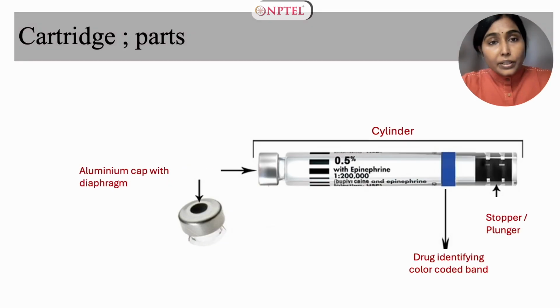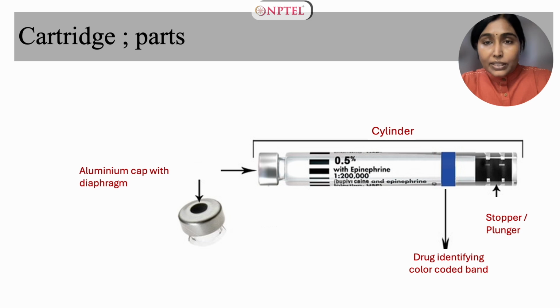Let's now go into the finer details of a cartridge. So a cartridge is a single-dose cylindrical device constructed of glass. It has a stopper located at the end of the cartridge that receives the harpoon of the aspirating syringe. The aluminum cap is located at the opposite end of the cartridge to hold the diaphragm in its position.